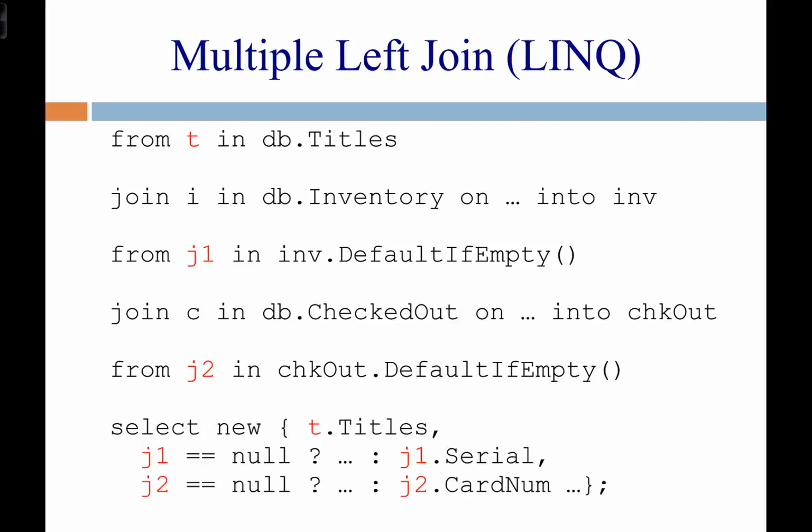So the final query would look something like this now that we have the select. T.titles, and then you'll need ternary expressions for J1 and J2 because they might be null. So you need to convert them into something else in order to avoid the null reference exceptions here and here. And what you convert them into is up to you, or up to the API that you have agreed upon in your MVC architecture.